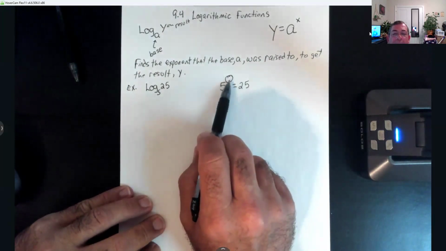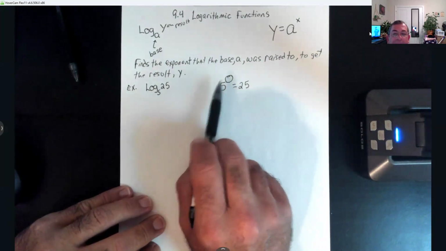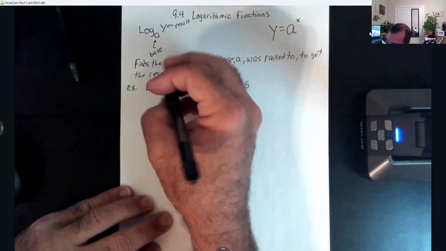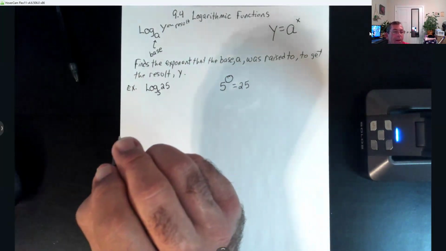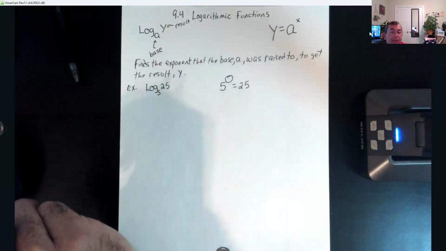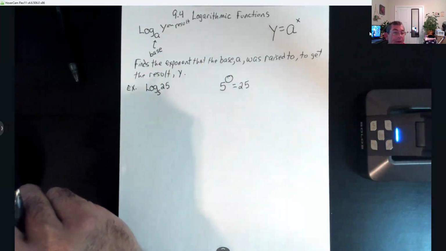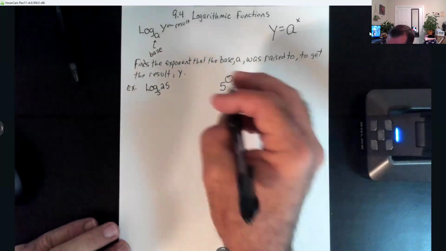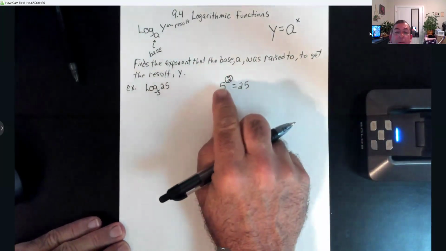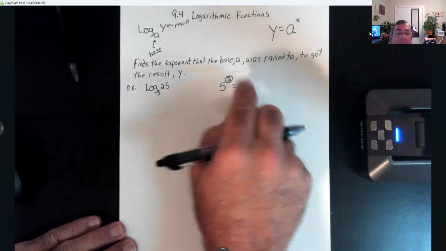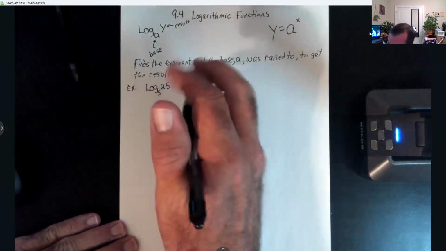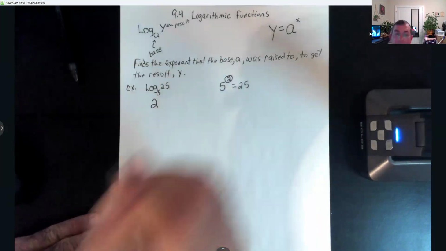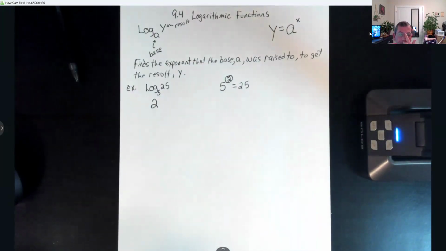So what exponent would this have to be to turn this 5 into a 25? Remember, 5 times 5 times 5 times 5 times 5. So there you go. It would definitely be a 2. So since 5 squared equals 25, the log base 5 with a result of 25 would give me 2. Okay?